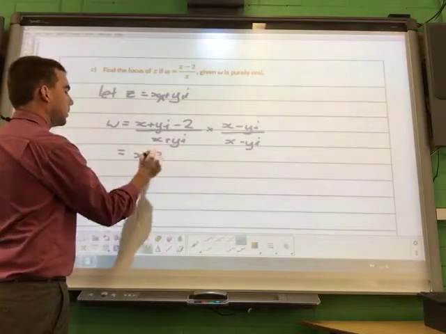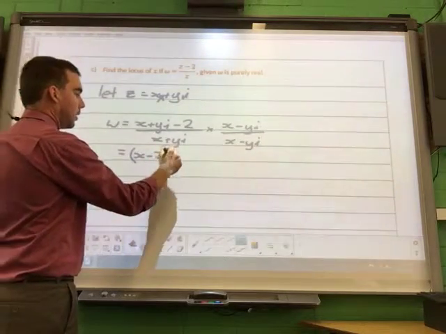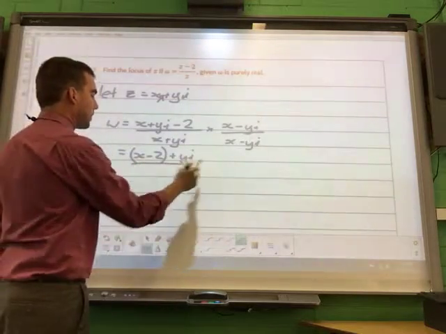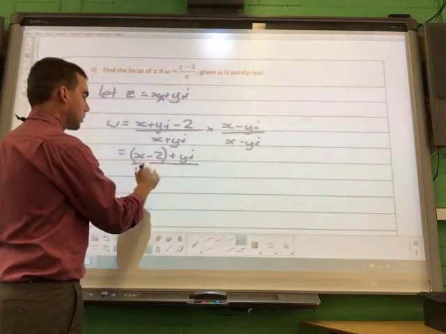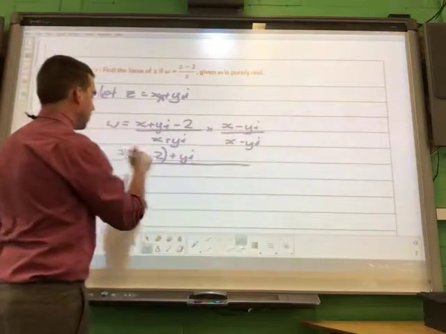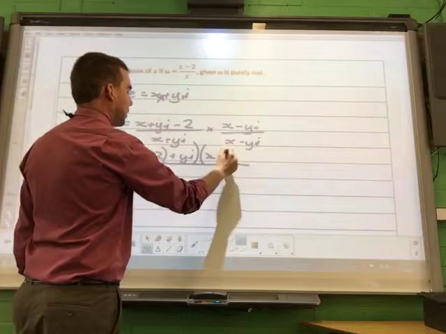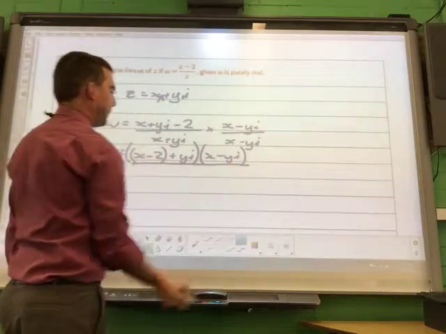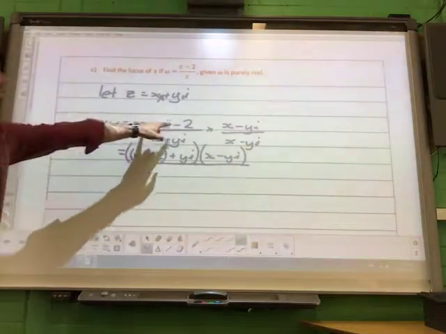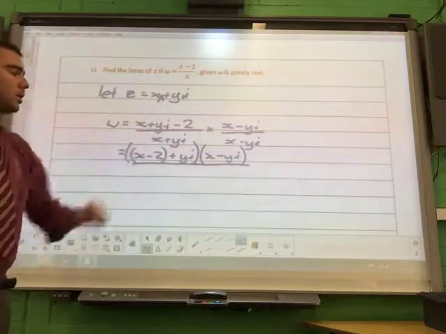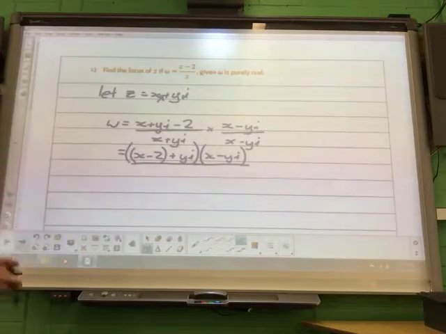The x take away 2, that's the real part, and then the imaginary part. So I've just grouped the real parts of the complex number and the imaginary part on this side, and then I'm going to multiply by the conjugate.